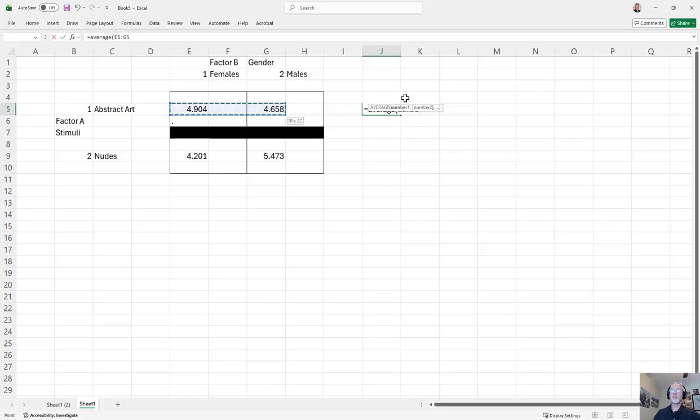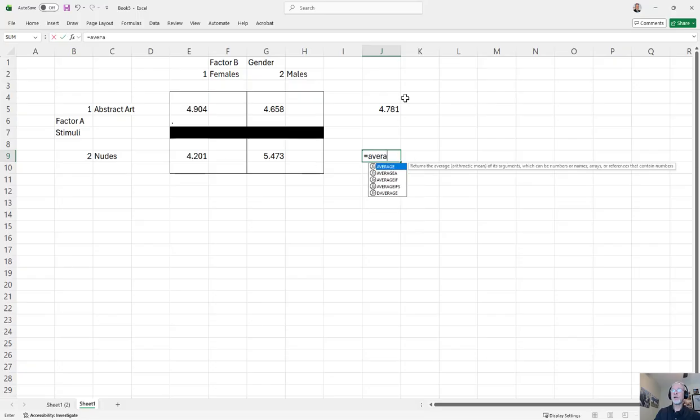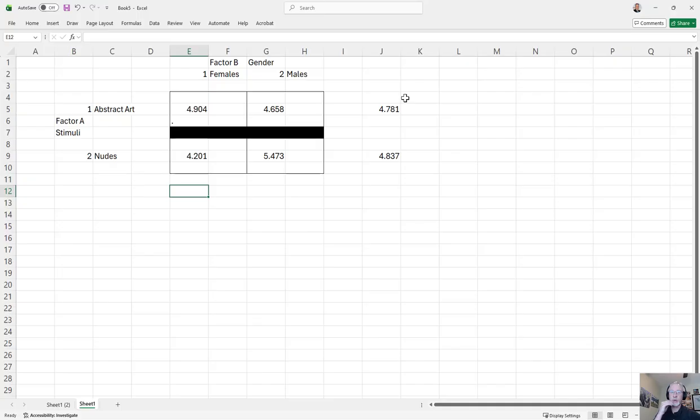So if I take the averages of those two numbers and the average here of those two numbers, I see very little difference on the whole between abstract art and nudes. They're both averaging out to be about 4.8. The average there is 4.55.